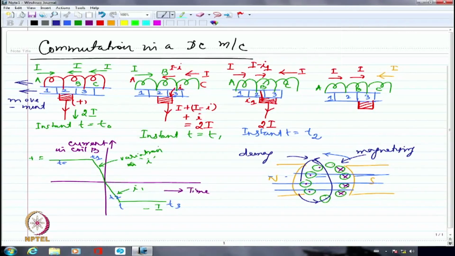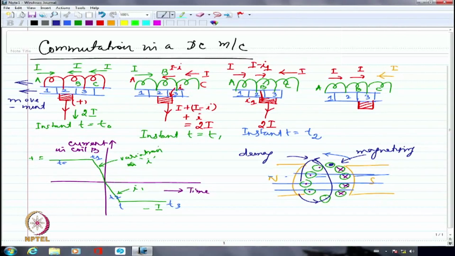Because of which I am not going to see that this particular conductor, what I am talking about, is in the neutral region. It is not in the magnetically neutral region anymore. It is rather oriented more towards the south pole, because that is the magnetizing effect that is taking place there. So that conductor, even though it has geometrically, physically left the region of the south pole, is not going to feel as though it is in the neutral region.